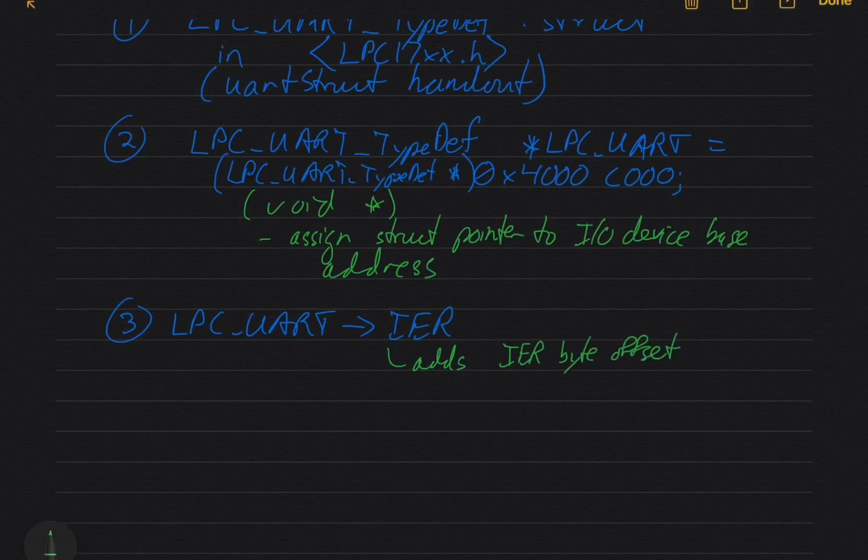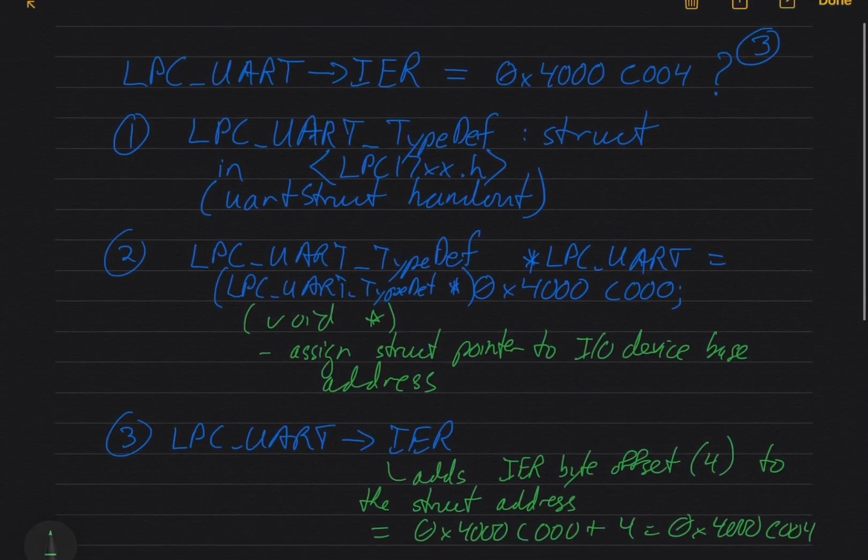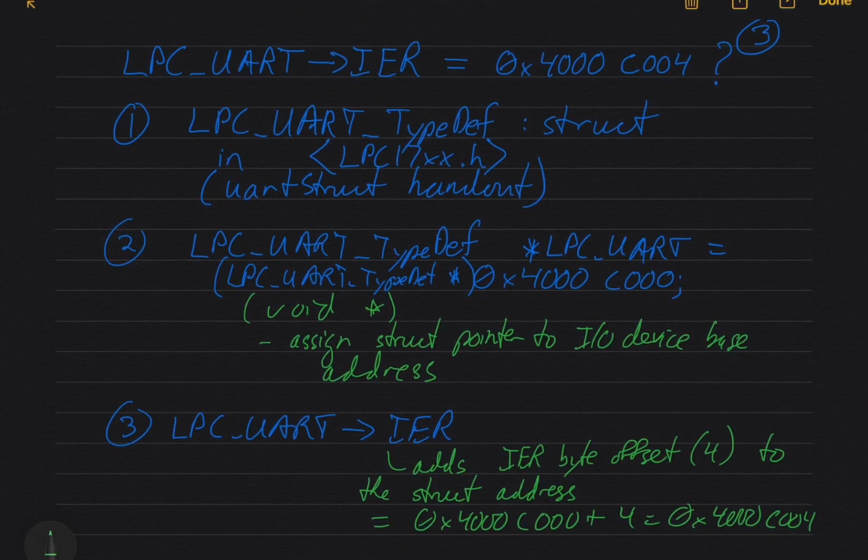So if you go back to that handout, it started at an offset of 4 from the top of the struct, to the struct address, and that gives you 4000C000 plus 4. Whoops. 4000C004. And that is how, if you go back to our question at the top of the page, that is how we get that address using that code.